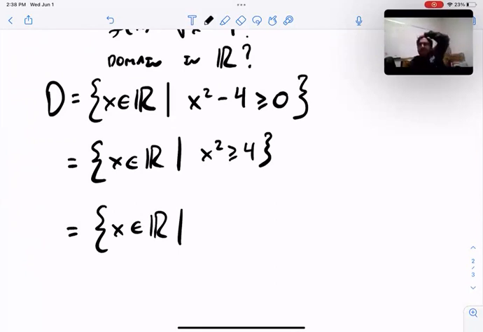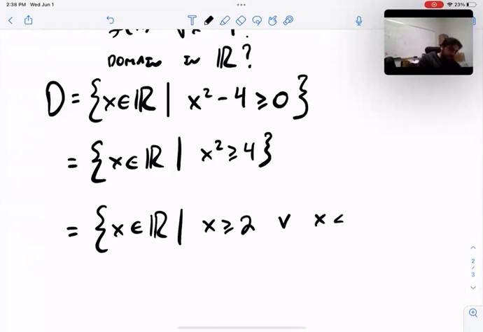So we just need the number to be bigger than 2 or it could be smaller than -2, right? -3, -4, -5, because when we square it, it'll become positive. So there are two ways for this to happen. You could have that x is greater than or equal to 2, or you could have x is less than or equal to -2. Right? These are two ways for this to happen.